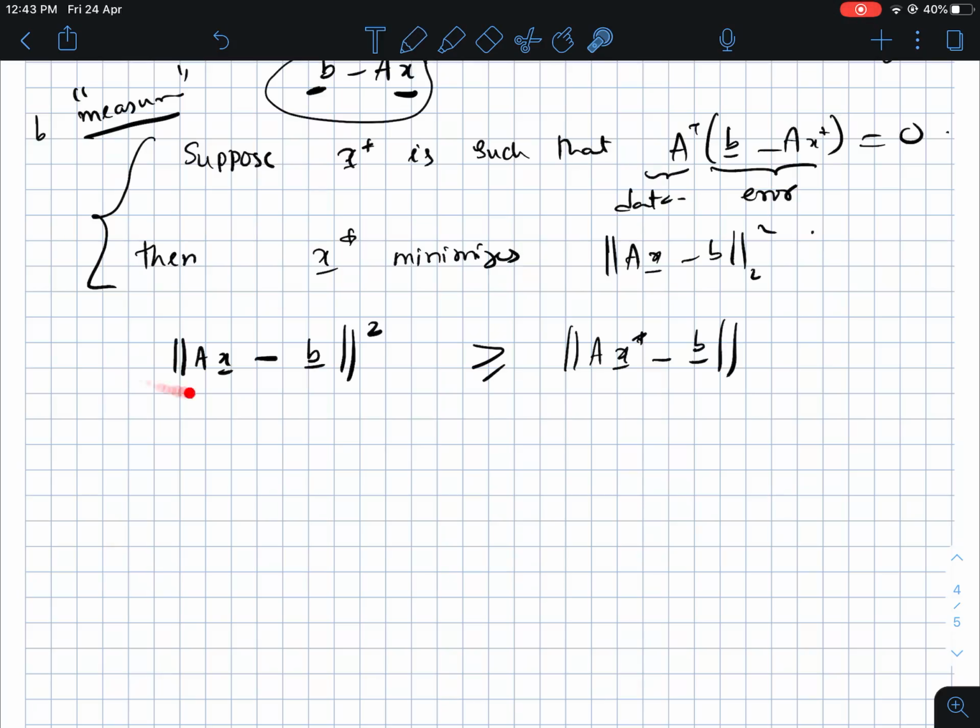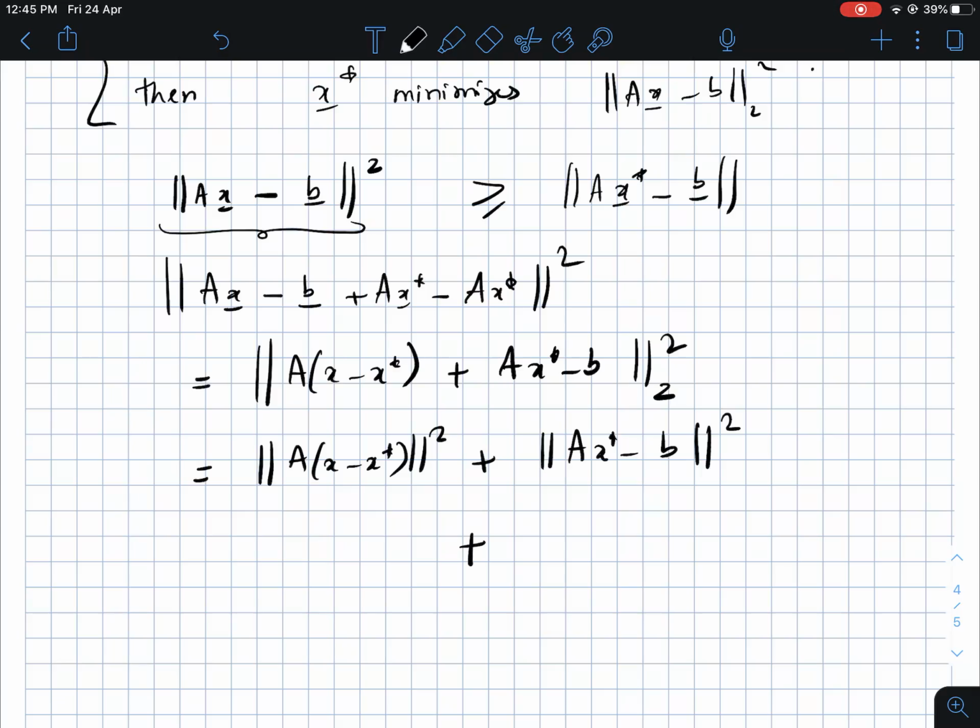Here I'm going to apply the standard norm expansion. I take the transpose of this and multiply it with this, and you'll get A times (x minus x star) whole square, plus (A x star minus B) whole square, plus there will be a cross term.